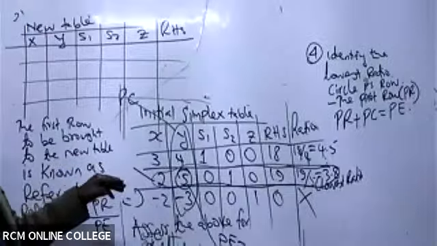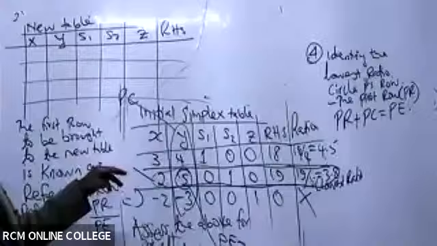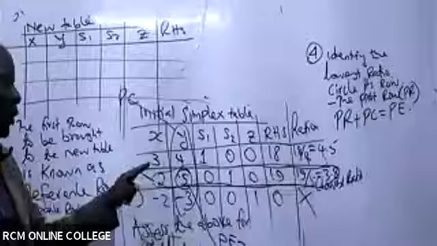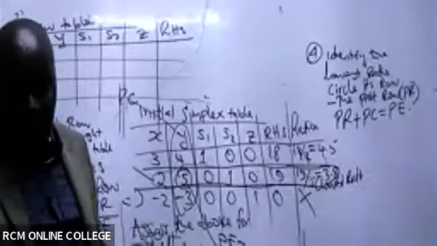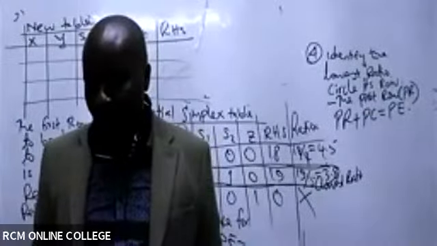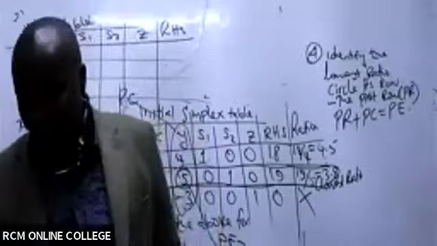You take the pivot row and then you divide it by the pivot element. What is the pivot element in our question?